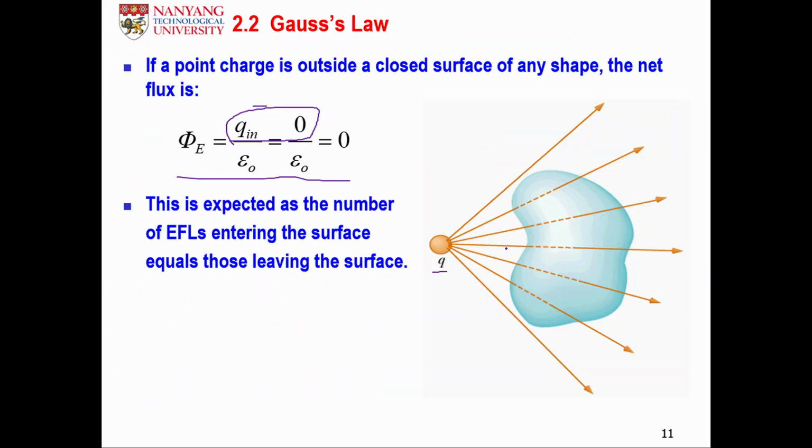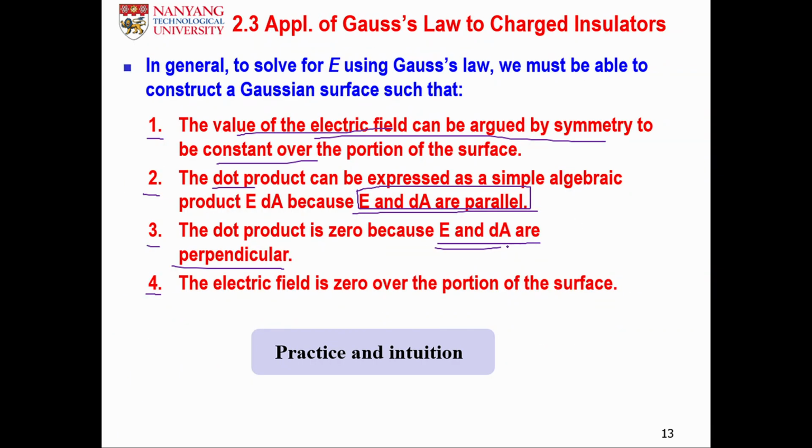Of course, in some cases, they can be perpendicular. Perpendicular means the dot product is cosine 90 degrees, which is always 0, right? And another case, if the E field is 0, of course, then you can also simplify this integration.